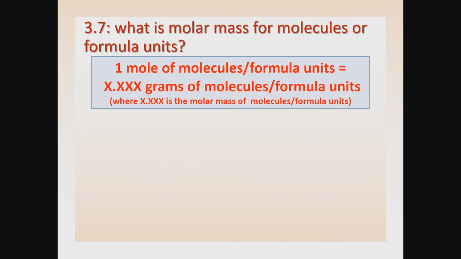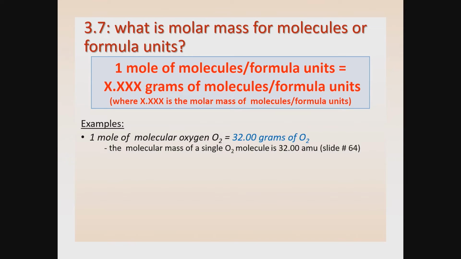Okay, so here's where it's getting kind of important. What is the molar mass for molecules or formula units? It's defined this way. 1 mole of either molecules or formula units is equal to x.xxx grams of molecules or formula units, where x.xxx is the molar mass of molecules and formula units in AMU.